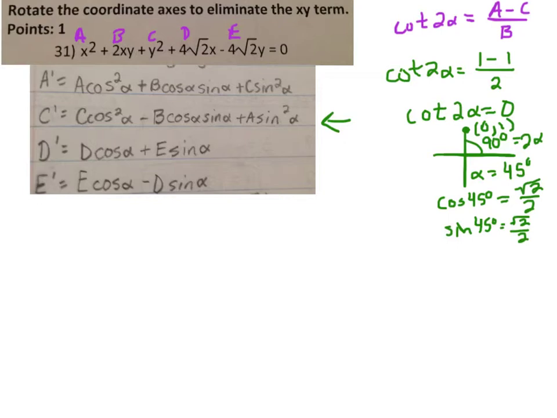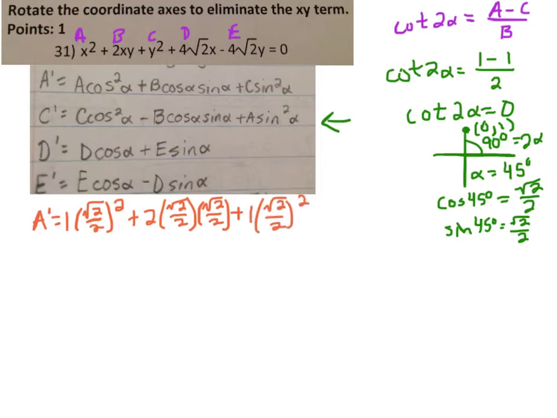A prime equals, A is 1, and we have square root of 2 over 2 squared. B is 2, and square root of 2 over 2 times square root of 2 over 2. And then C, and square root of 2 over 2 squared.